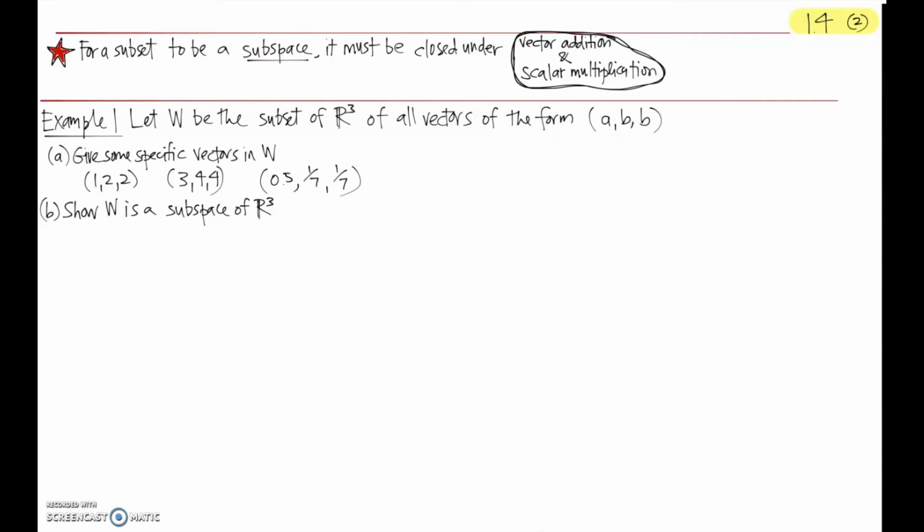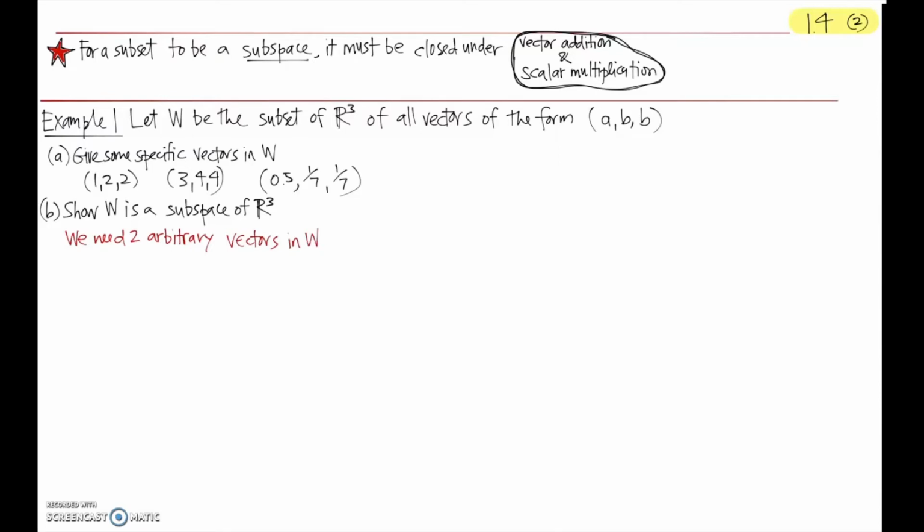And we can't just prove it for one specific or 2 specific vectors. We have to prove it in a general way. So we need 2 arbitrary vectors in W for this proof.